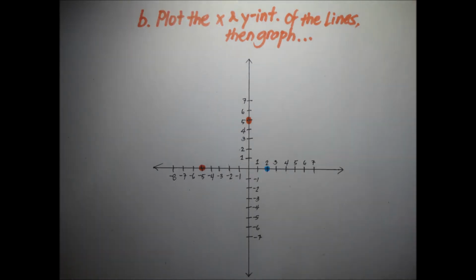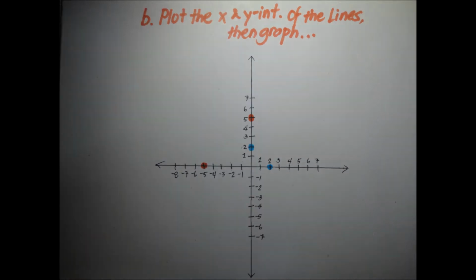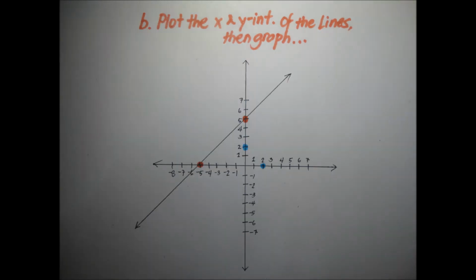After plotting the x and y-intercept of the first line, we will now plot the x-intercept of y equals negative x plus 2 on the x-axis. Then, we have plotted the y-intercept of the line y equals negative x plus 2 on the y-axis.